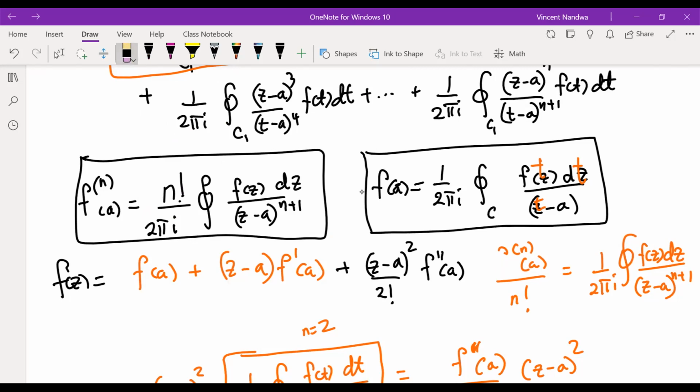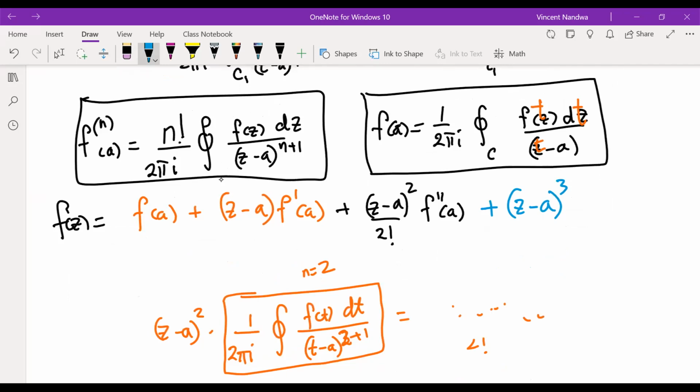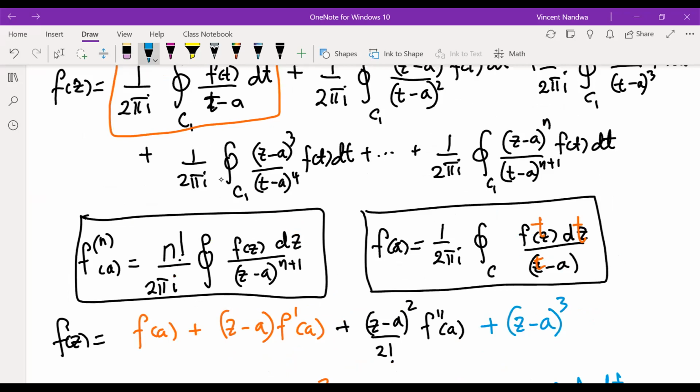And then the next term will be given by, you factor out z minus a power 3. And so here we'll have now f of t dt over t minus a power 4. So this 4 can be written as 3 plus 1.